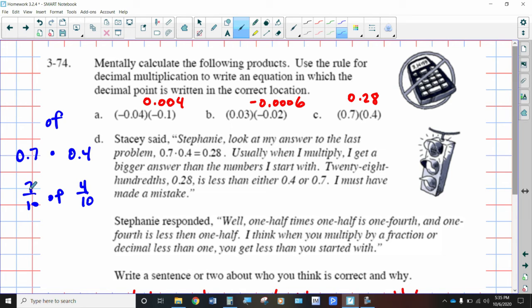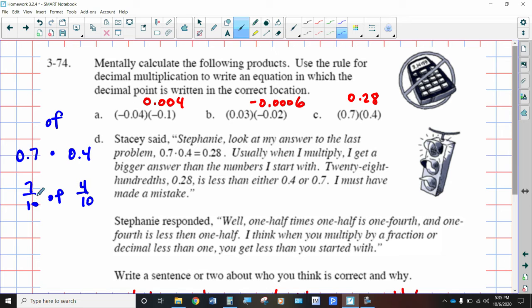If this was a number that was greater than 1, then your answer would be greater than 4/10. But this is a number that's less than 1. So anytime you multiply anything times a number that's less than 1, you're going to get an answer that's less than what you started with. So 7/10 of 4/10 has to be less than 4/10 because 7/10 is less than 1.